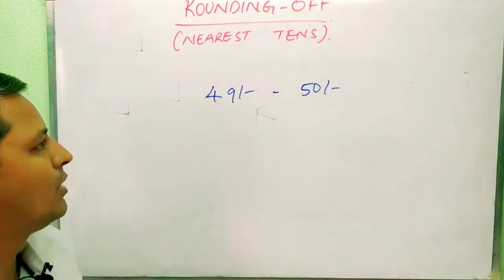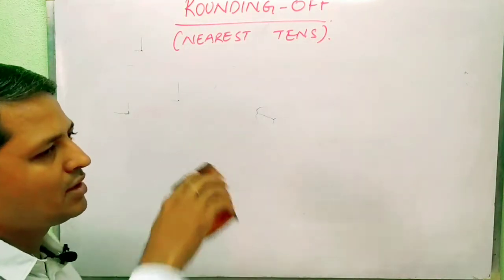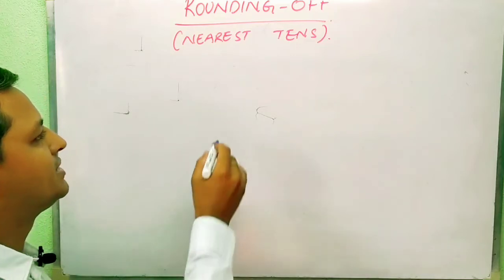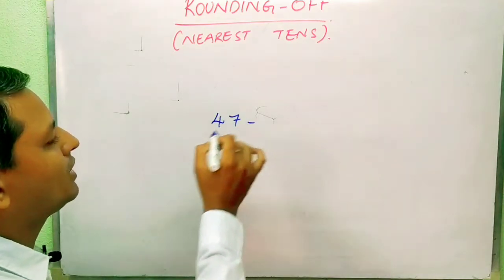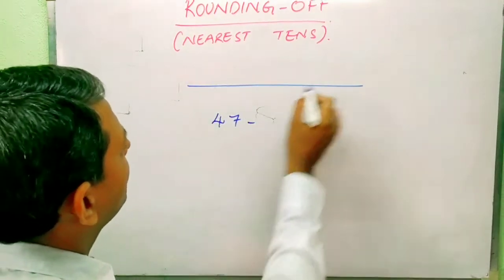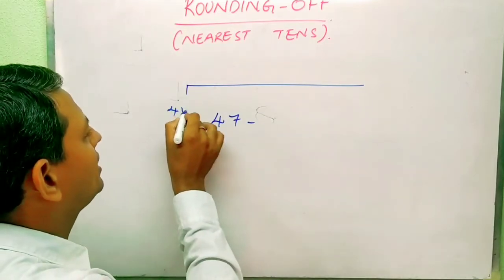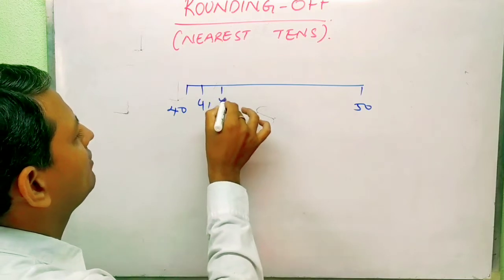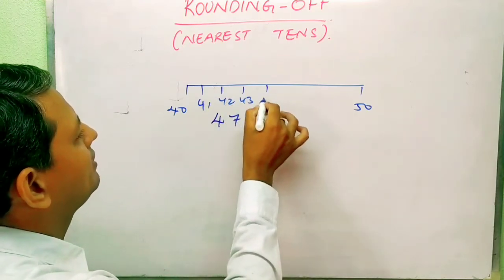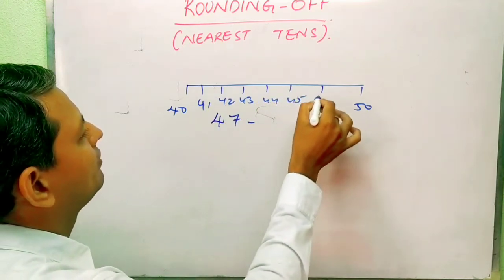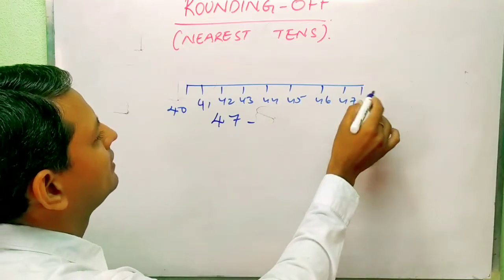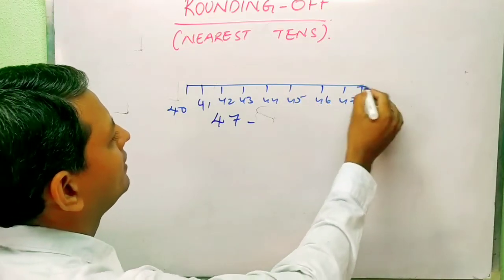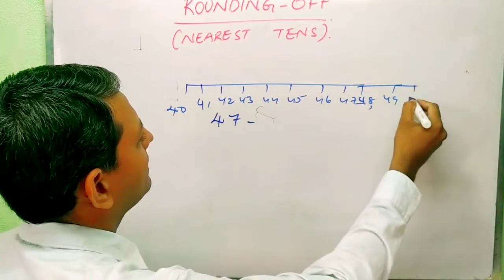Let us suppose I want to round 47 to its nearest 10. Take a number line like this: this is 40 and this is 50. In between 40 and 50 we have 41, 42, 43, 44, 45, 46, 47, 48, 49 and 50.